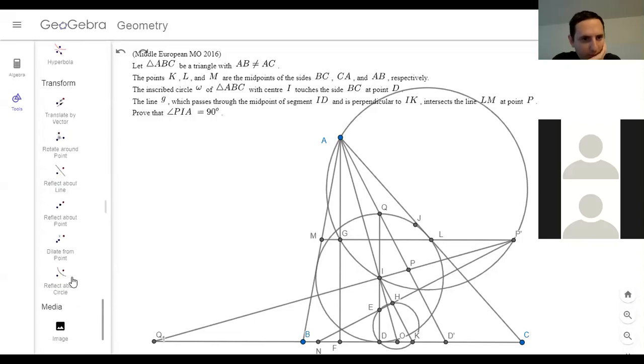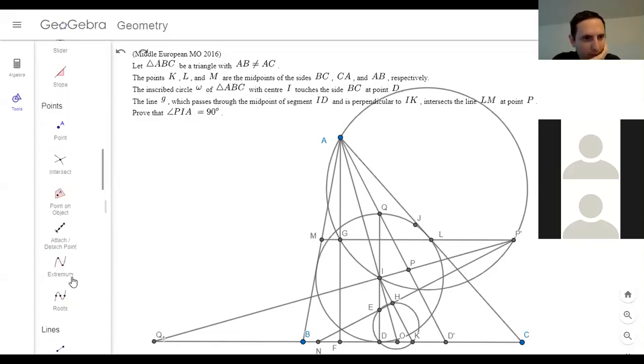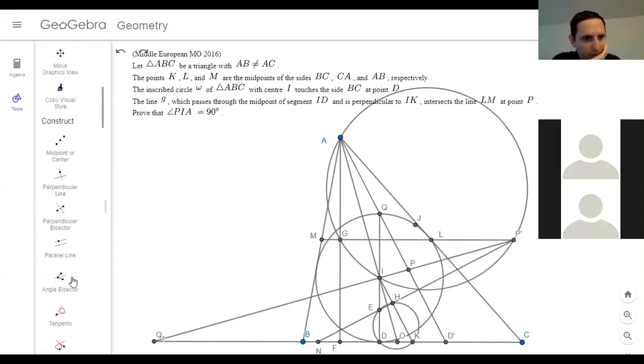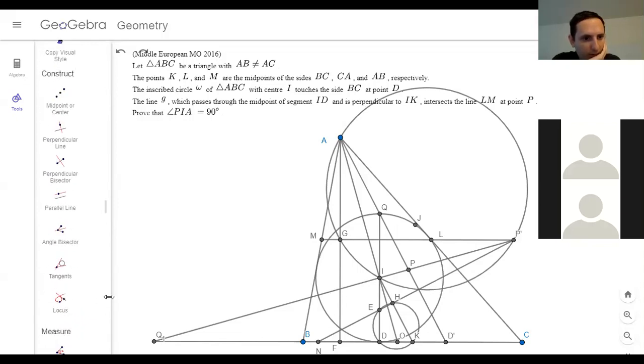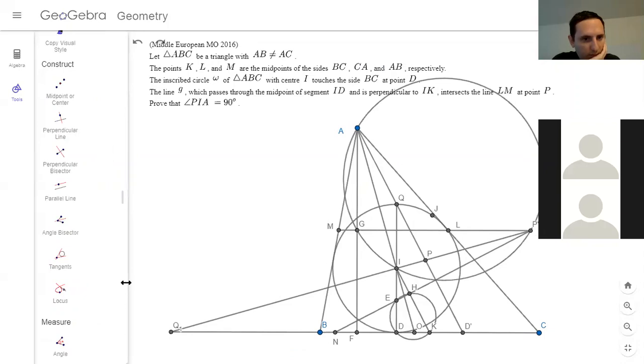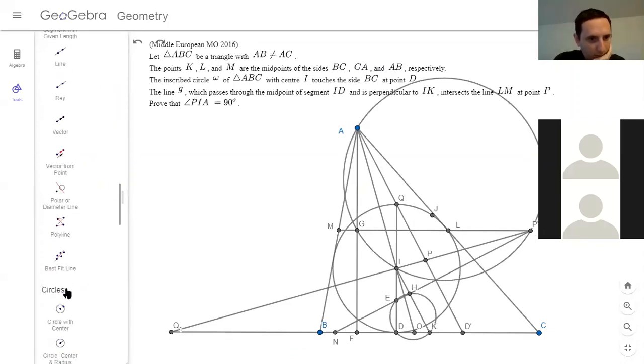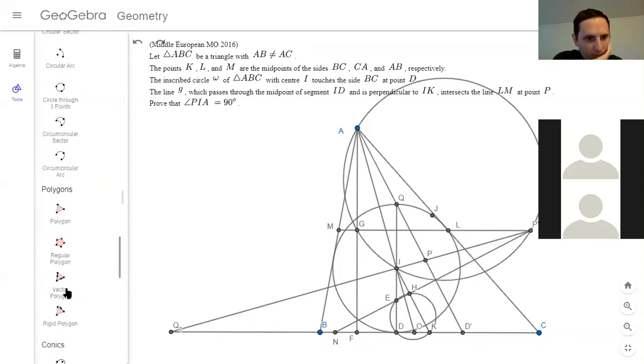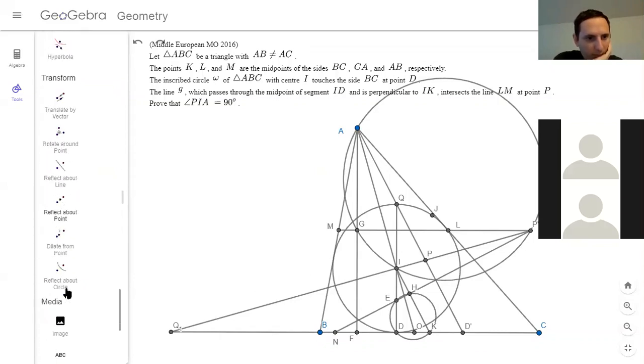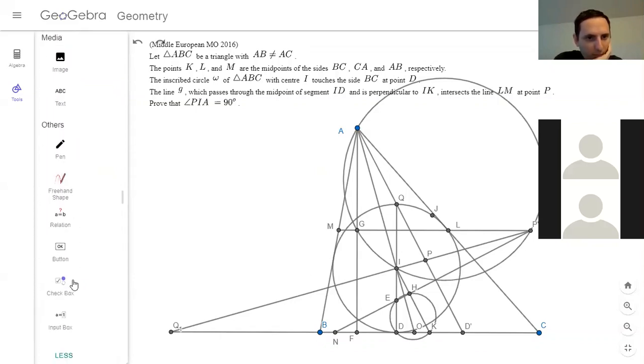let me draw the polar. There's actually a polar tool in GeoGebra. Where's the polar? Sorry, just give me a second.